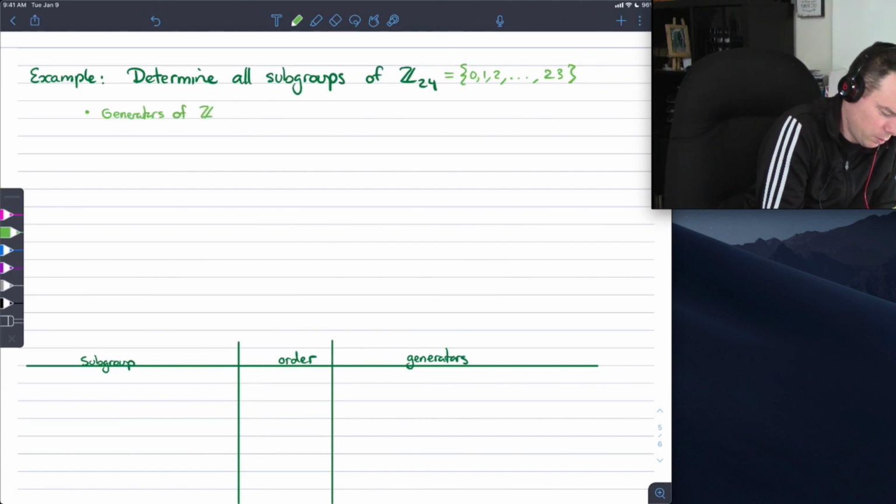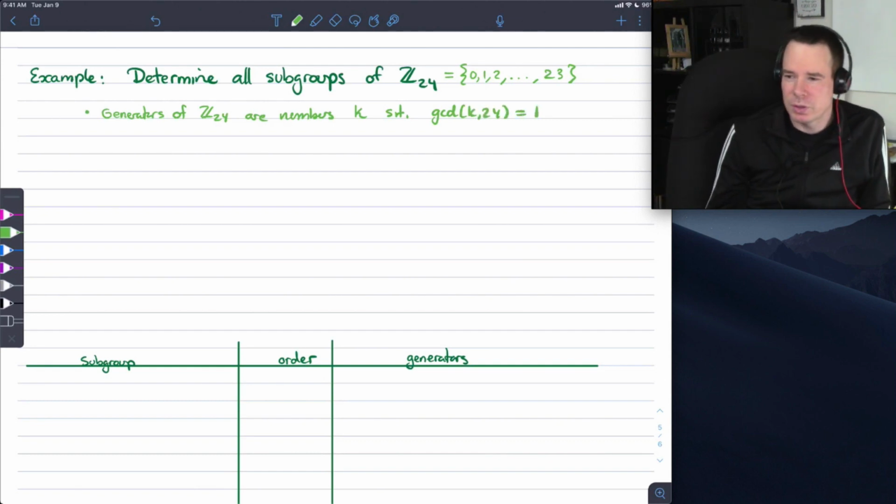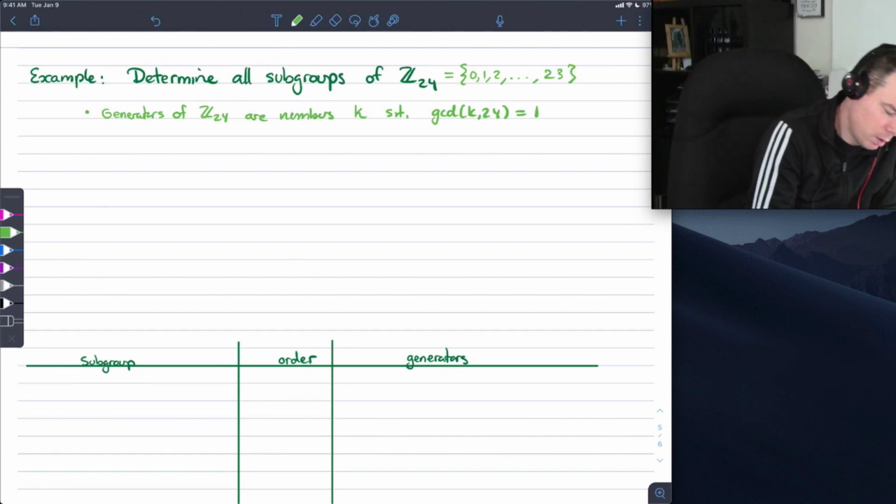What are the generators of Z24? They are the numbers k such that the GCD of k and 24 is 1. They're precisely the numbers that are relatively prime to 24.